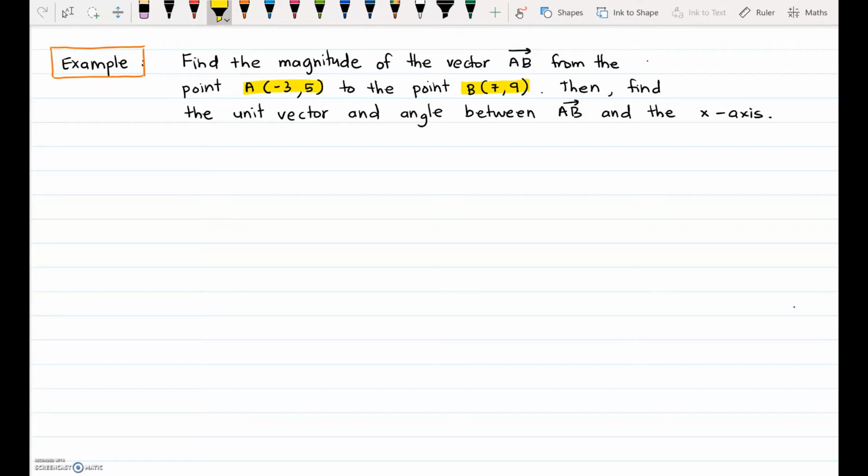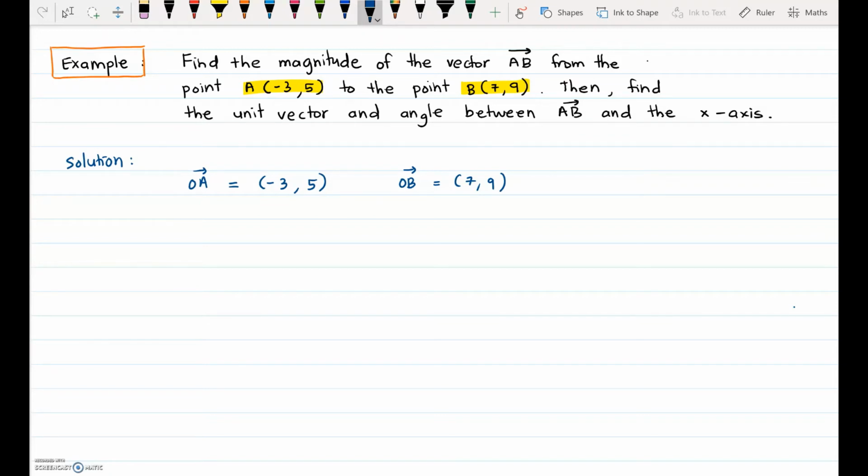Since you have two points, you have to consider a position vector A from the origin and another position vector B from the origin. For the solution, firstly consider OA is (-3, 5) and OB is (7, 9).